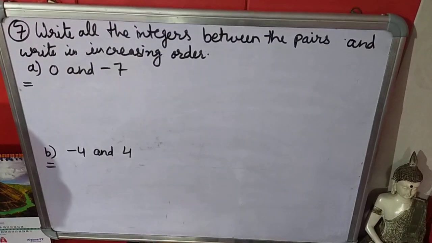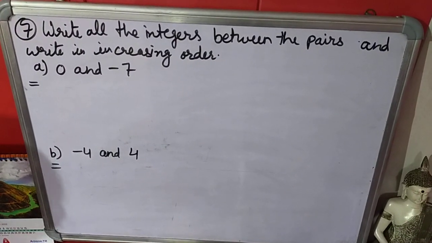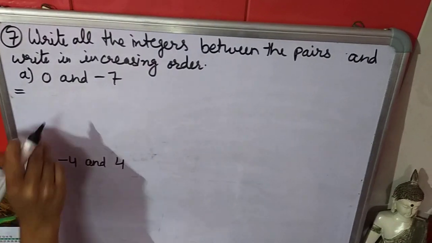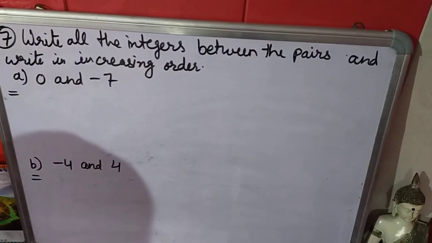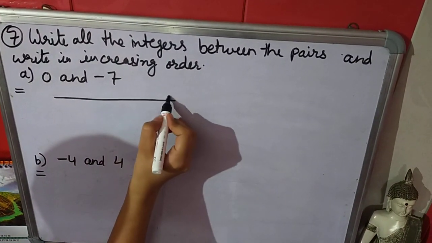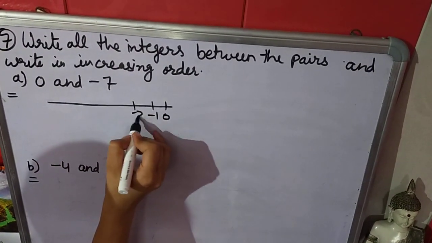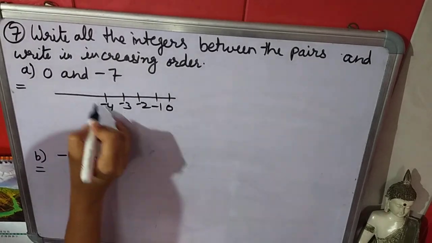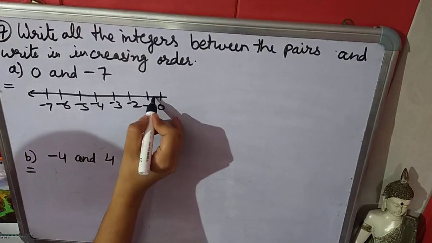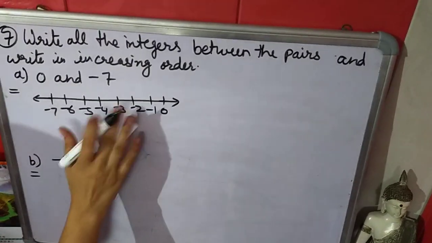Seventh question is write all the integers between the pairs and write in increasing order. You have to write all integers between these numbers. So between 0 and minus 7, what will come? We will start with 0. 0, minus 1, minus 2, minus 3, minus 4, minus 5, minus 6 and minus 7. These are the integers between 0 and minus 7.